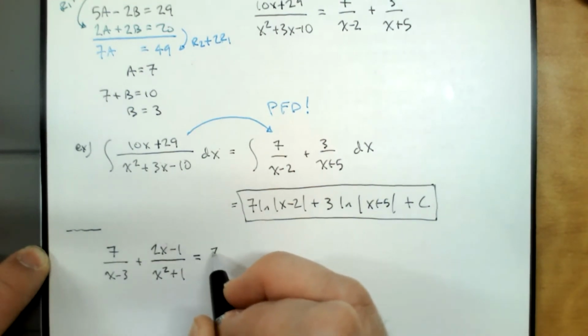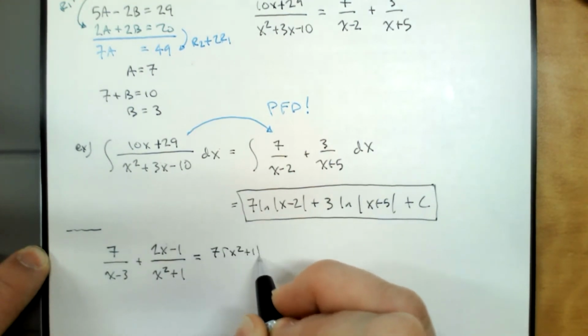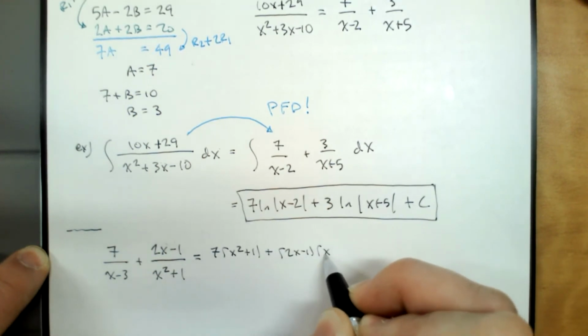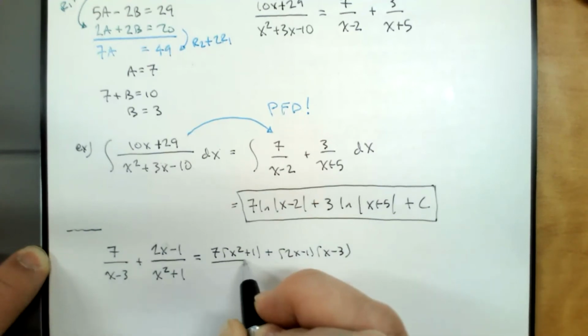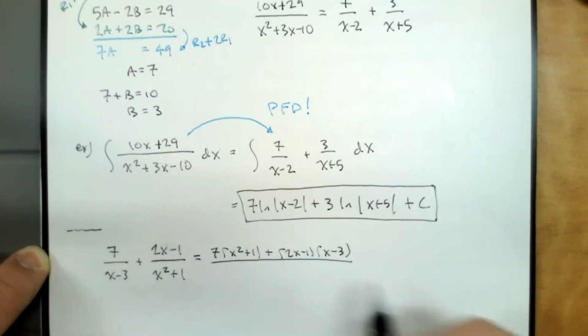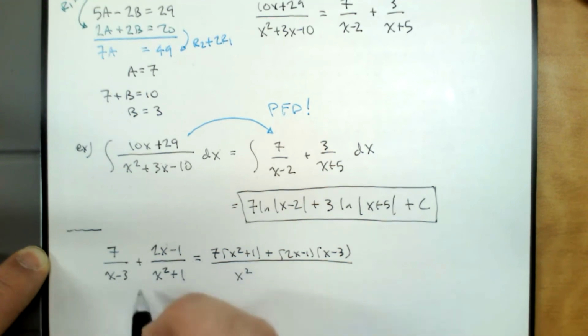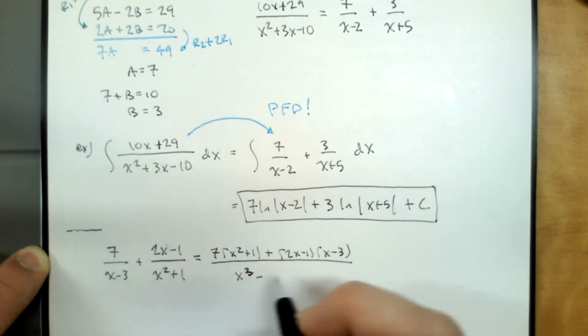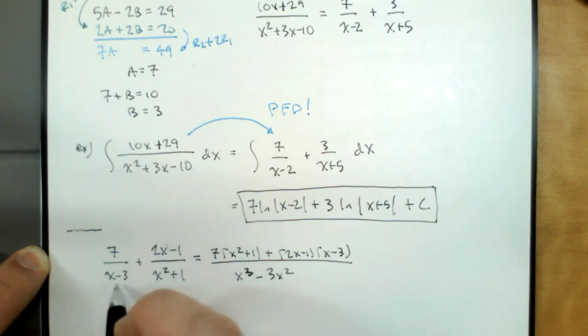So it's 7 times x squared plus 1, and then 2x minus 1 times x minus 3. Going to want to know what the denominator is. So it's going to be x cubed minus 3x squared plus x minus 3.